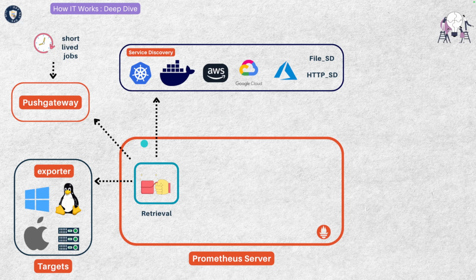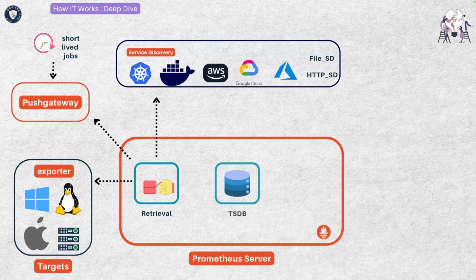Now we have collected data from various sources: from exporters, targets, the Pushgateway, service discovery, web servers, and short-lived jobs. Now it needs to be stored efficiently for quick access, so we need some kind of database. That's where the time series database, TSDB, plays a key role.